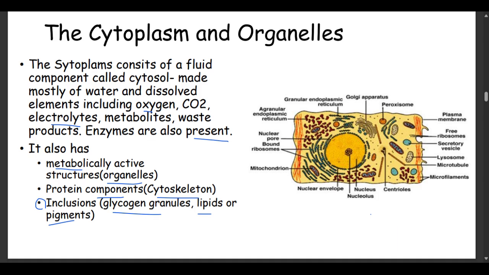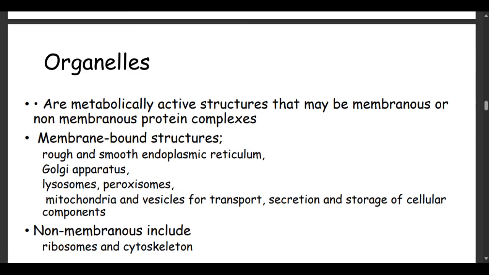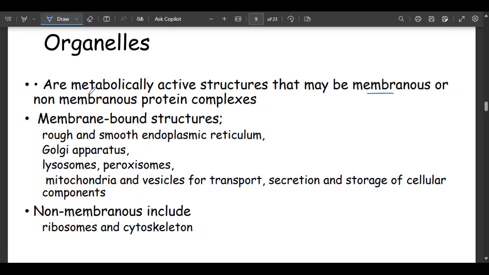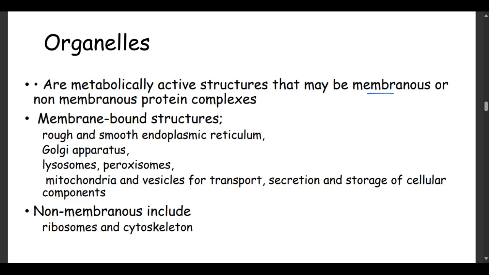So the organelles in the cell that we're going to talk about, like I said already, these are the metabolically active structures that may be membranous or non-membranous. That means we might have membranes separating them from the cytosol environment.